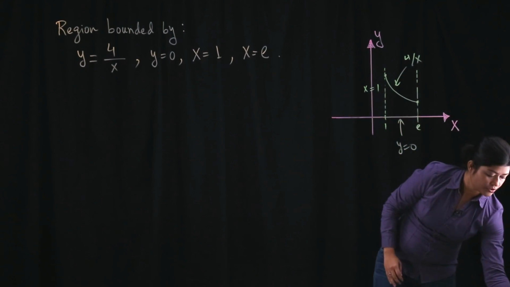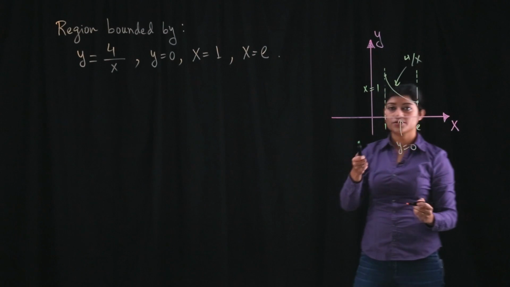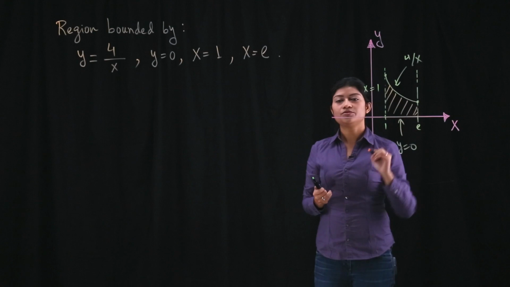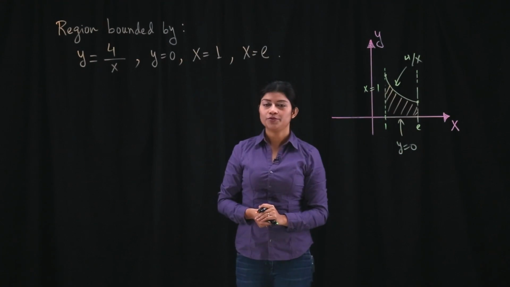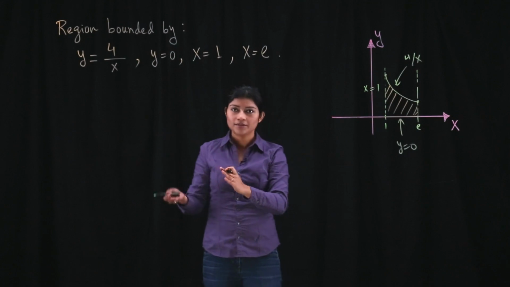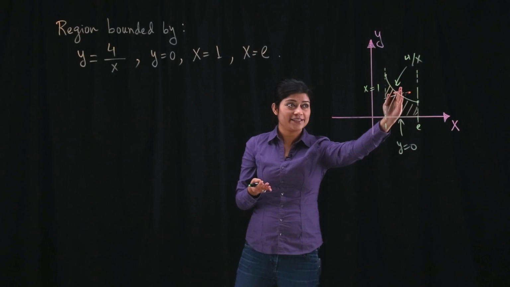All right, so the region is bounded by all 4 curves. So what is the region? Right here. This is the region whose area you have to compute. So how do we compute this area? You know, a definite integral gives us area, and this curve is positive, as you can see.